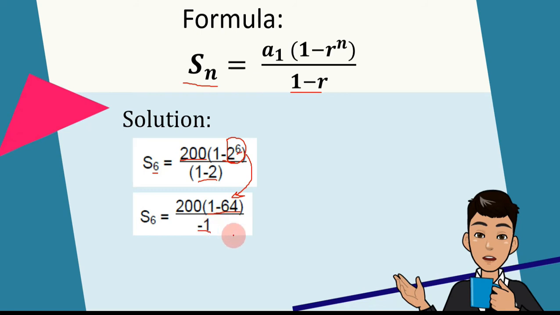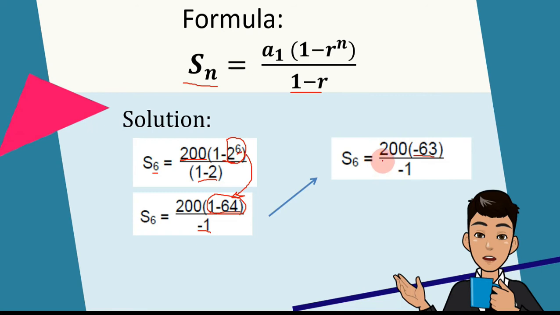And then, we will continue our solution here. So, we can have this one, 200 multiplied by the quantity which is negative 63. Because that is from 1 minus 64. Okay? Kaya po naging 63 yon or negative 63. And then divide that by negative 1. Okay? So, let's continue. Multiply natin negative 63 sa 200.